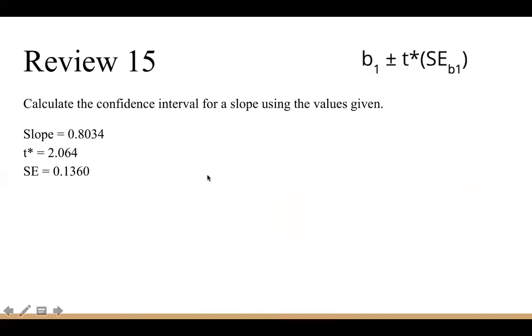I think this is our last review question here. Calculate the confidence interval for a slope using the values given. I gave you the slope, the t-star, and the standard error there.